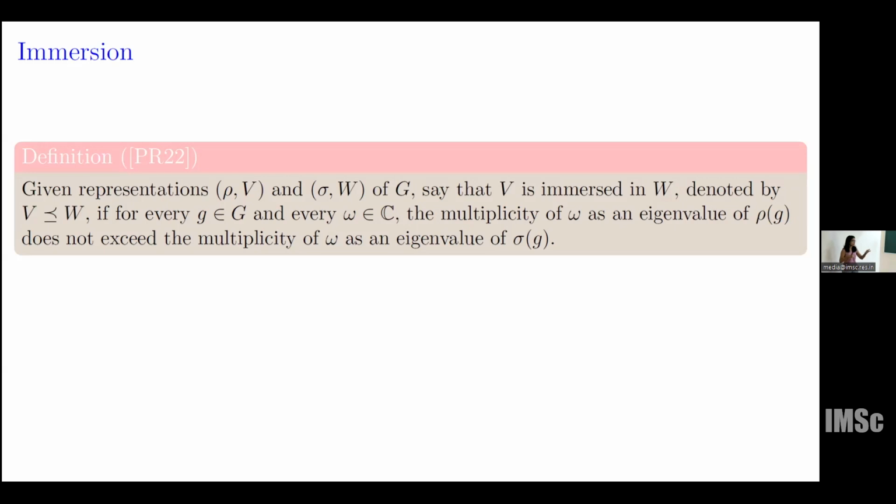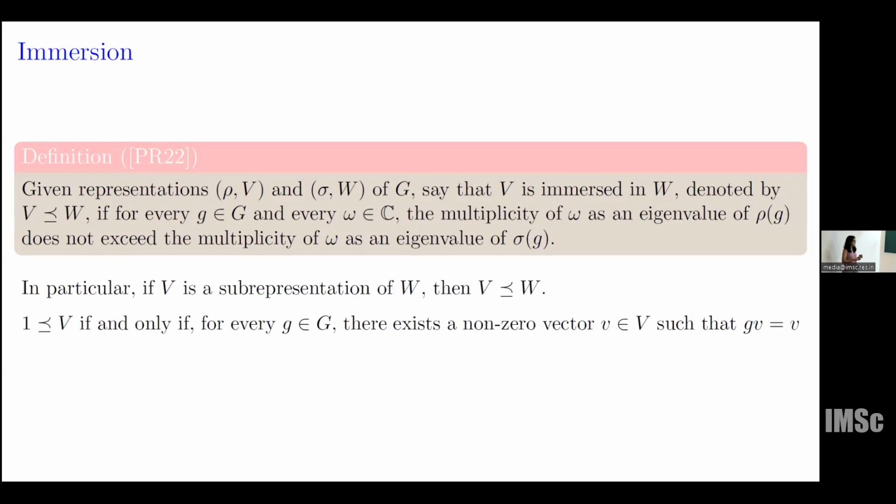If the order of g is n, these eigenvalues will be the nth roots of unity. Then the multiplicity, the number of times omega occurs as an eigenvalue of rho(g), should be less than or equal to the number of times omega occurs as an eigenvalue of sigma(g). Then we say that rho is immersed in sigma, or V is immersed in W.